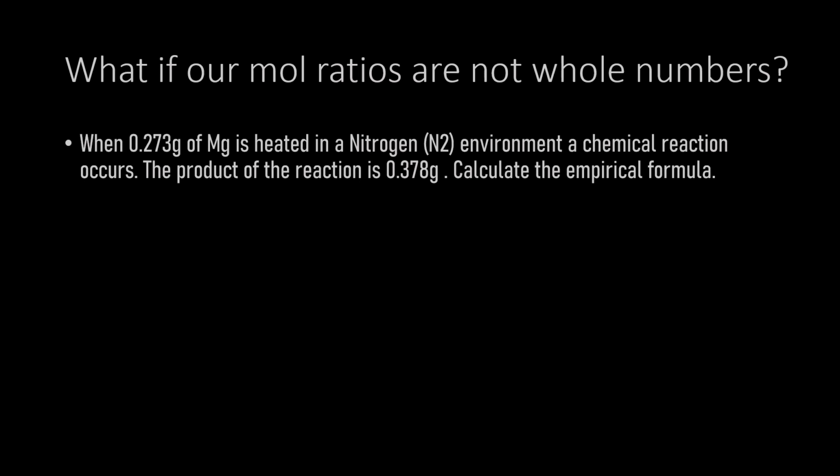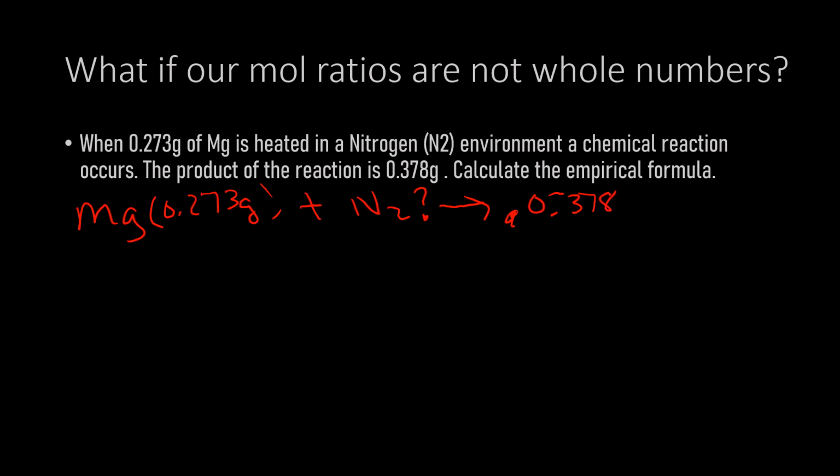So we have magnesium, 0.273 grams, plus nitrogen, but we don't know how many grams of nitrogen there are. It yields 0.378 grams of Mg3N2, I believe.